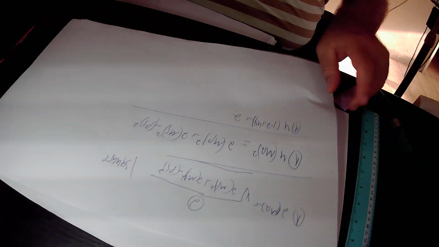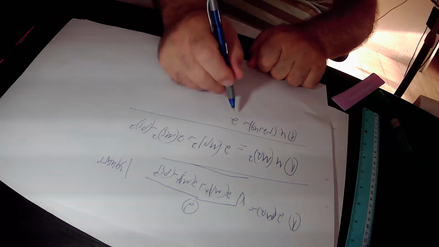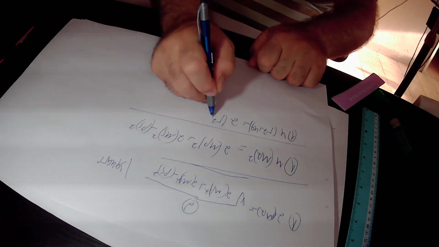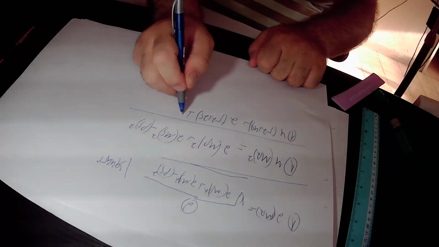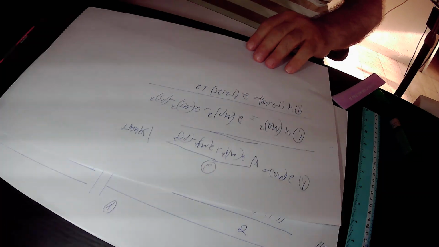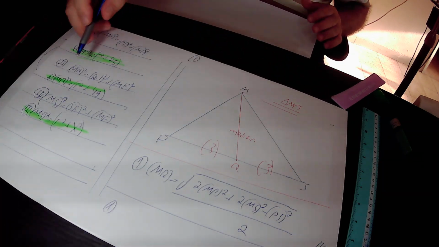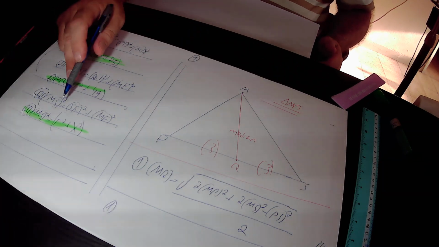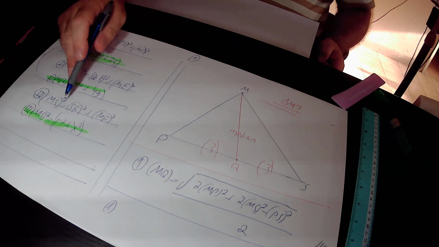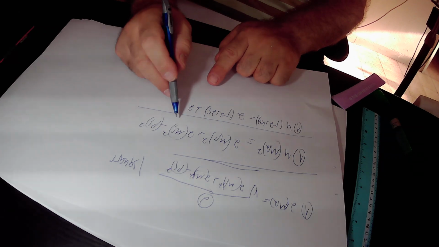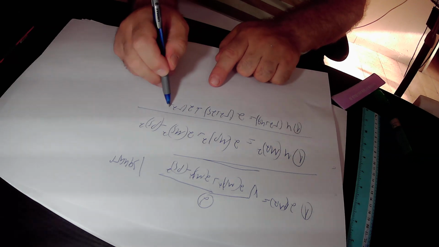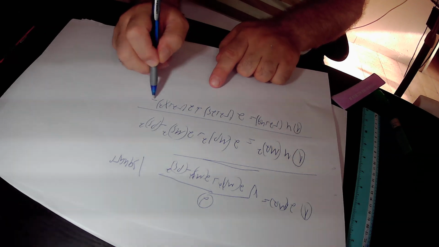Therefore, we substitute MP squared here by r squared plus 25. And then also 2 times MS squared. According to equation 3, MS squared equals r squared plus x squared. Therefore, we substitute MS squared here by r squared plus x squared.